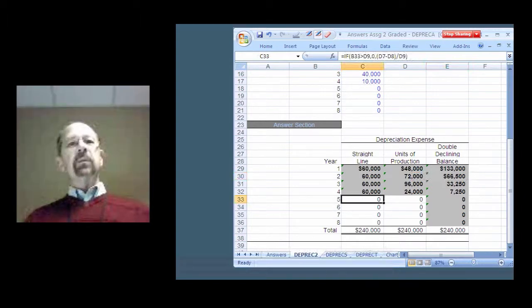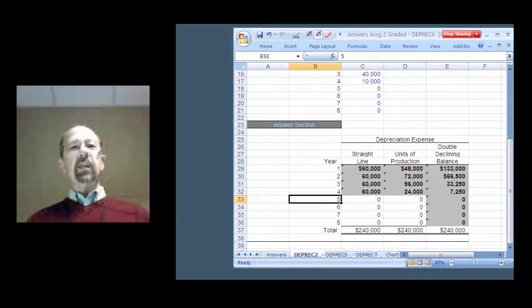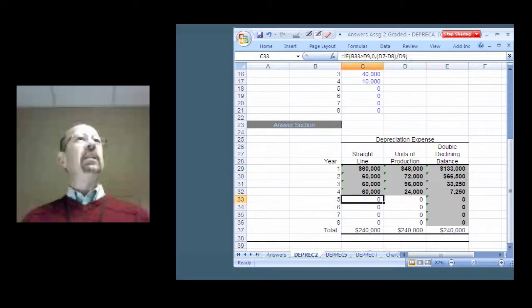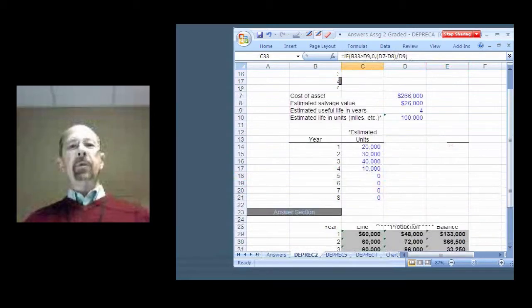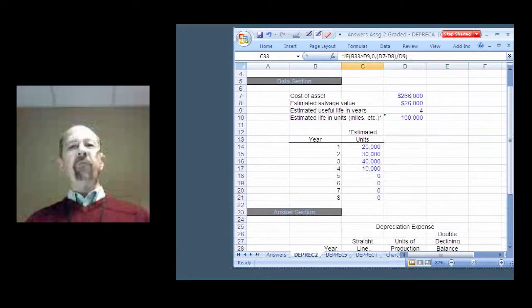If statements: equal, if, and then you're going to need brackets, okay? And what you're looking at is B33, well, B33 is this 5. And they're saying if B33 is less than D9. D9 is up here at 4.